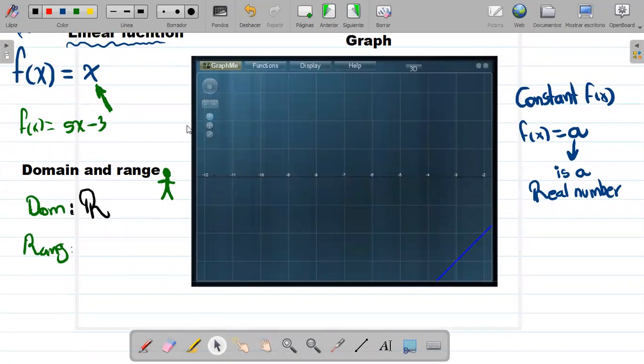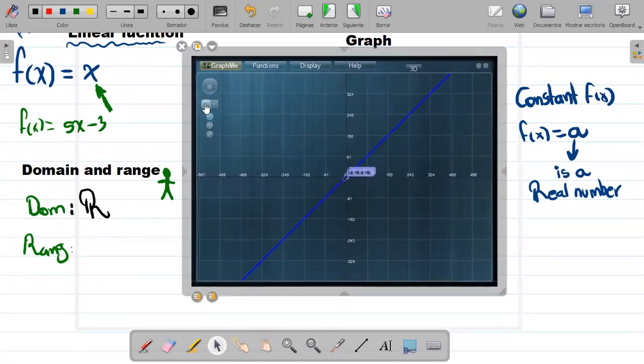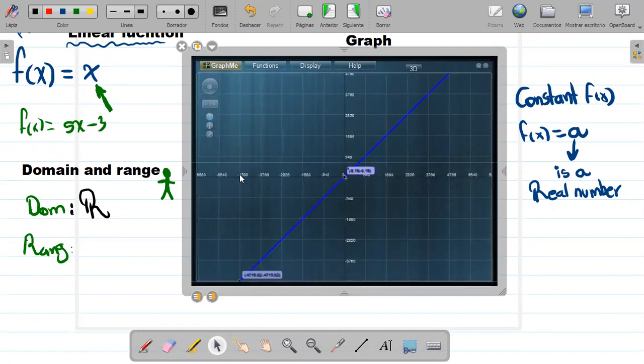I'm going to make this pretty tiny. If I go to negative 486, I still have a value here that corresponds to this one. Yes, for example, at negative 4,000 or negative 4,700, you can see there is still a value that corresponds to that one.